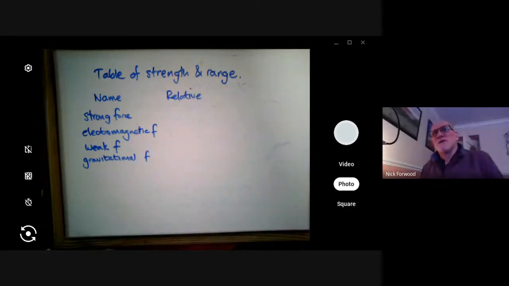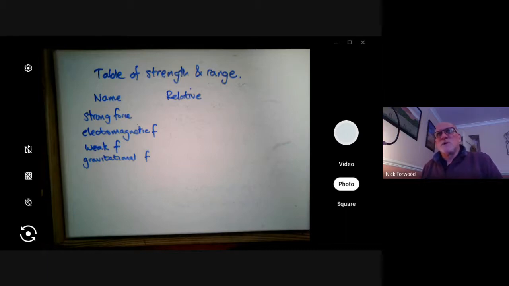Now, we've looked at things like relative charges before. We ought to know that a proton has a relative charge of +1. Its actual charge is +1.6 times 10 to the -19 coulombs, but we're going to call that +1.